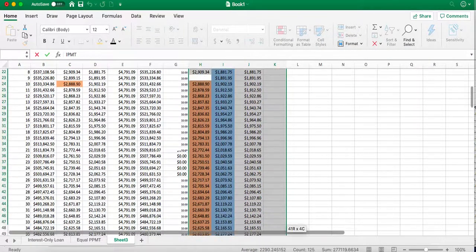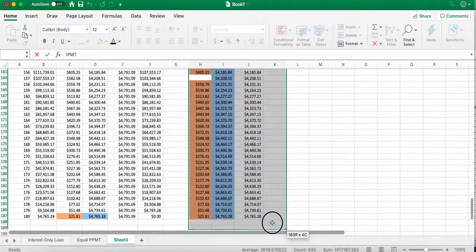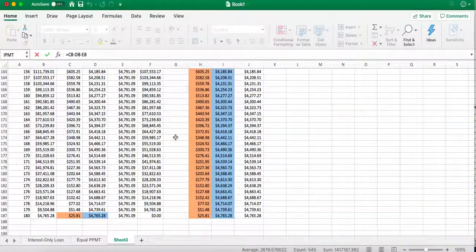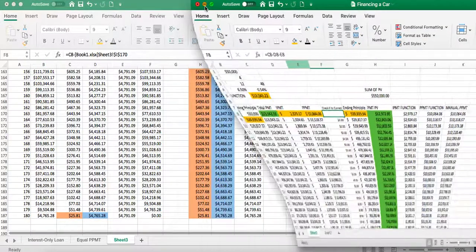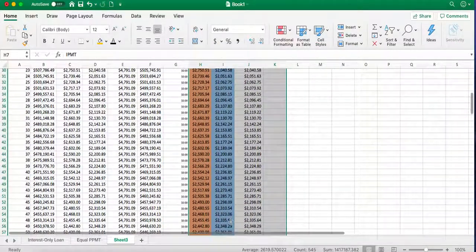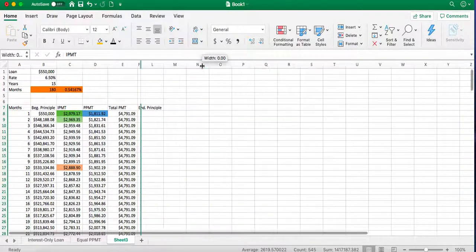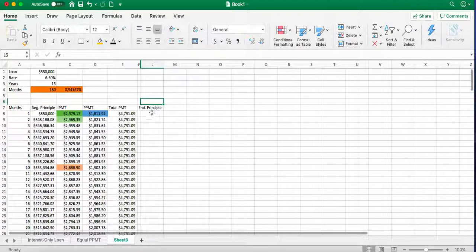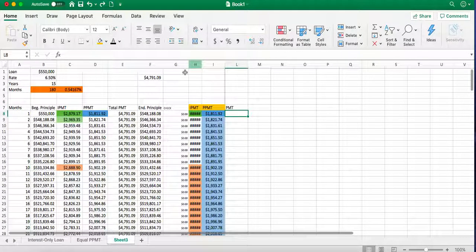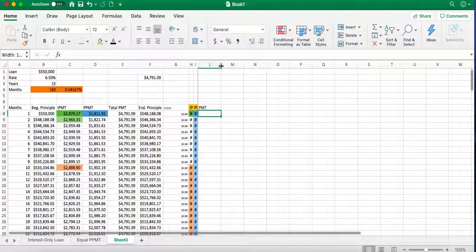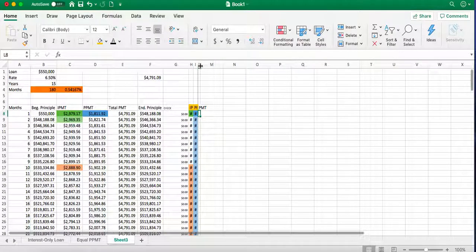Now I'm going to put all these to the side or just make them really small so we don't have to see that.